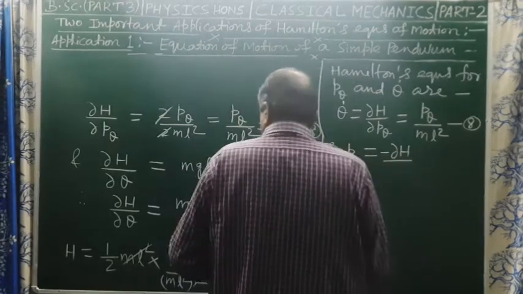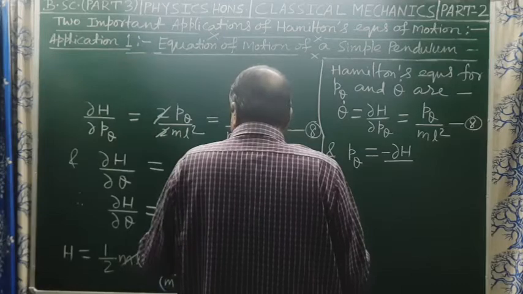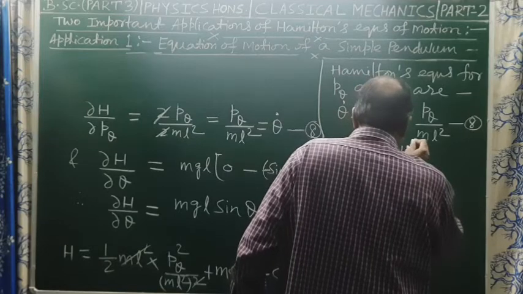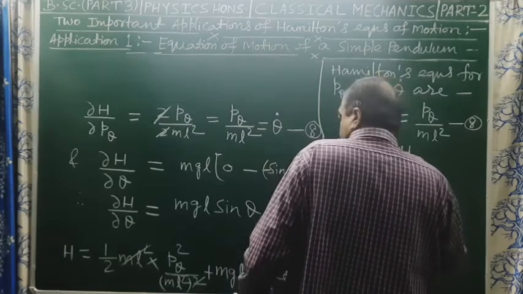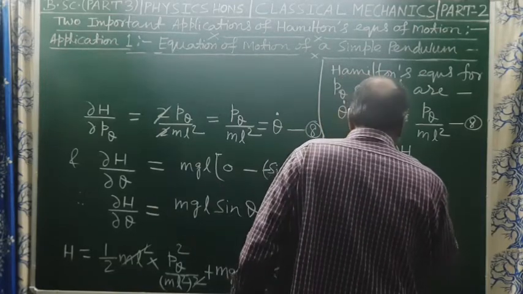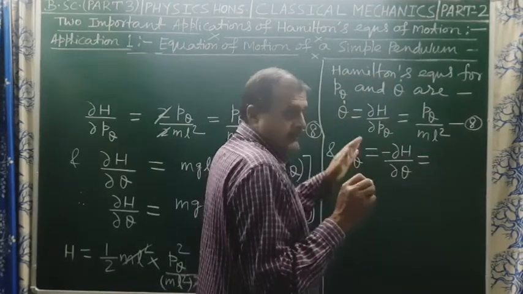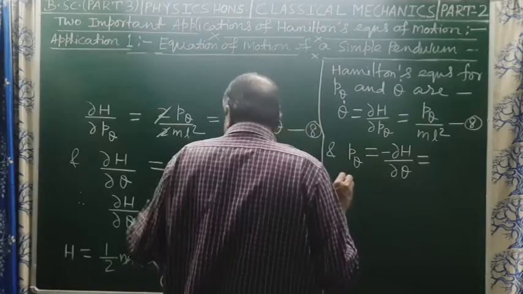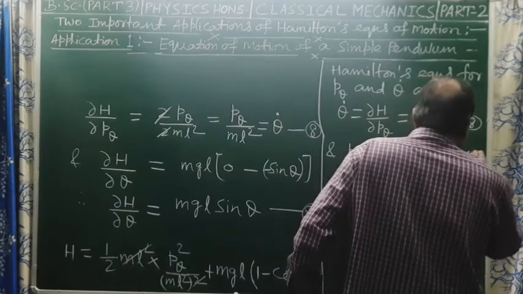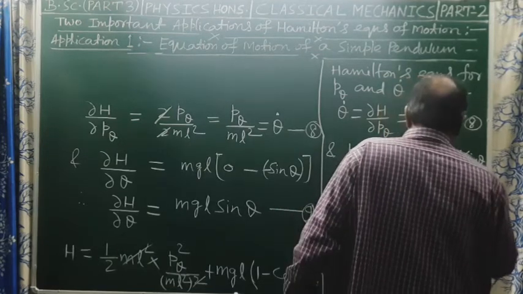Here in place of qk, the position, it is theta, that is angular displacement. So P theta dot is equal to minus delta H by delta theta, and delta H by delta theta is mgl sin theta, so it is minus mgl sin theta, obtained from equation 9.